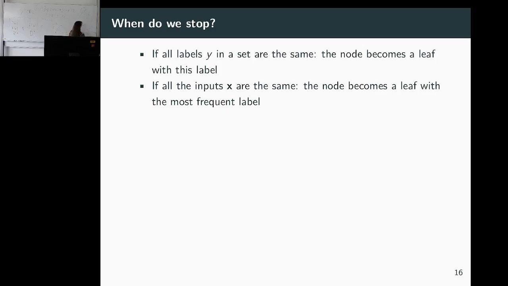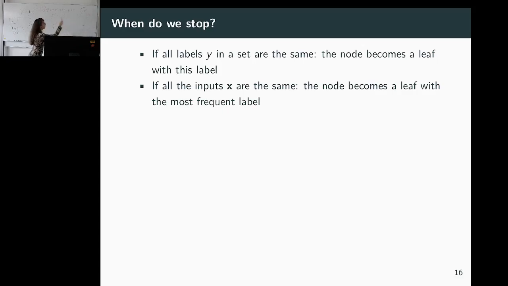This can happen when you have noise in your data. In this case, we will assign the leaf to the class which happens the most. For example, if you have, I don't know, 10 points and 2 of them are noisy and have another class, then you will assign the leaf the class that happens the most here. So this is the way we would deal with this noise.